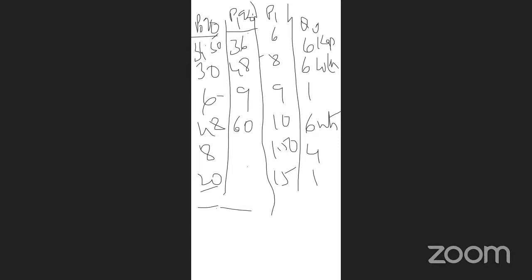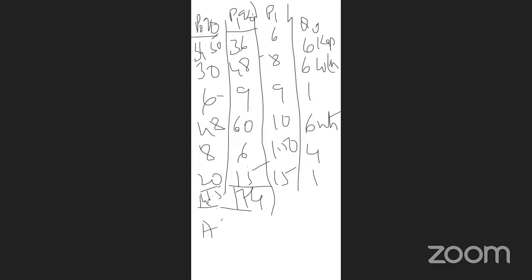P0 Q0 is 146.5. Now work out this: 36 plus 48 plus 9 plus 60 plus 6 and 15. 21, 81, 90, 104, 144, 174. Is it right?